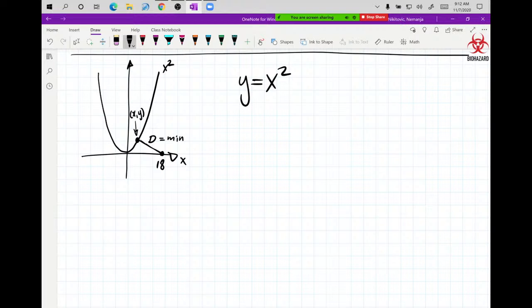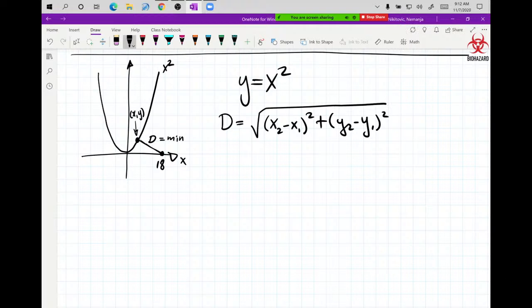And we have the distance formula, which is the square root of (x2 minus x1) squared plus (y2 minus y1) squared between the 2 points. And we do have one of these points to be (18, 0). So we can rewrite, and the other point is (x, y).